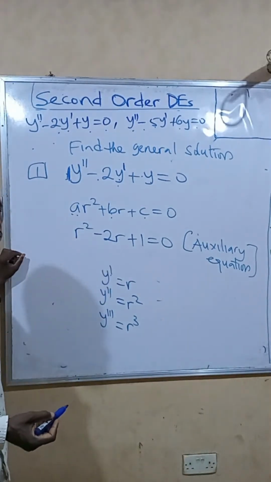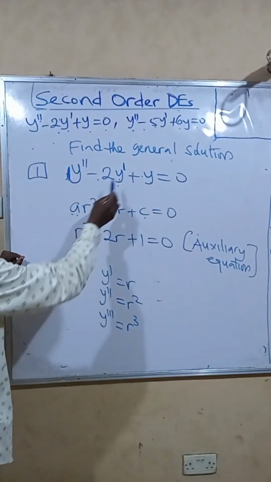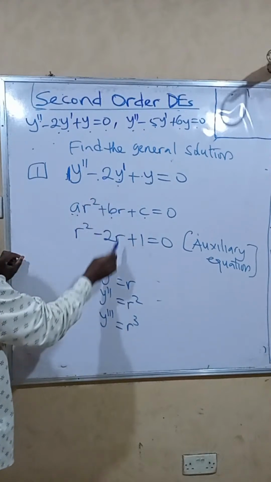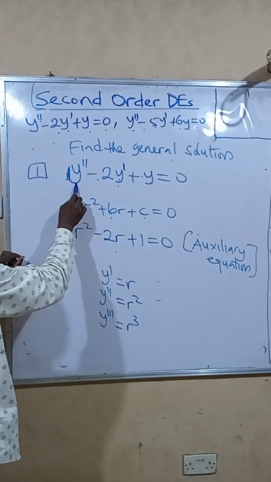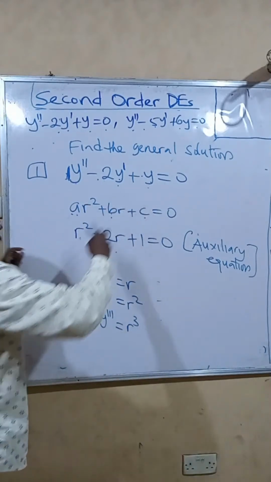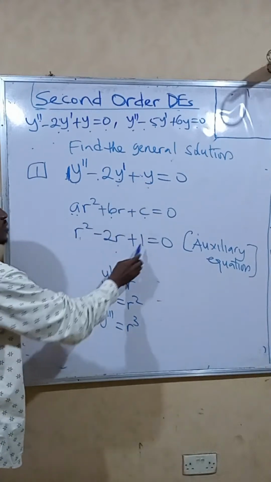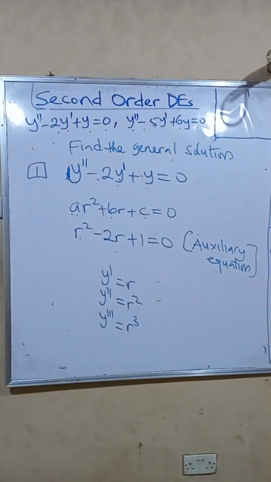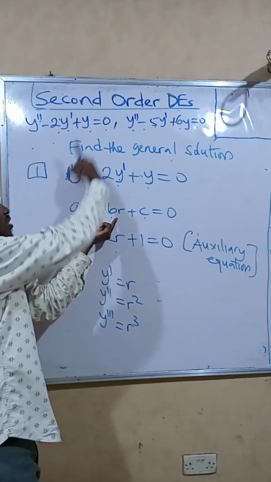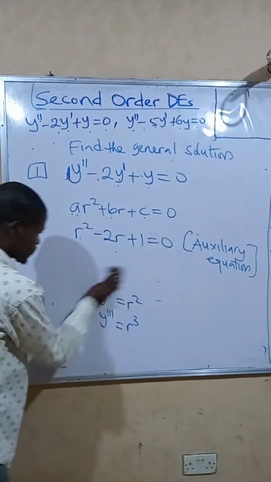If that's the way you like, then r squared is the second differential, minus 2 r for the first, and for the term with no differential, just write its coefficient, plus 1. But the best way is to use the auxiliary equation, correspond it together, and form your auxiliary equation.